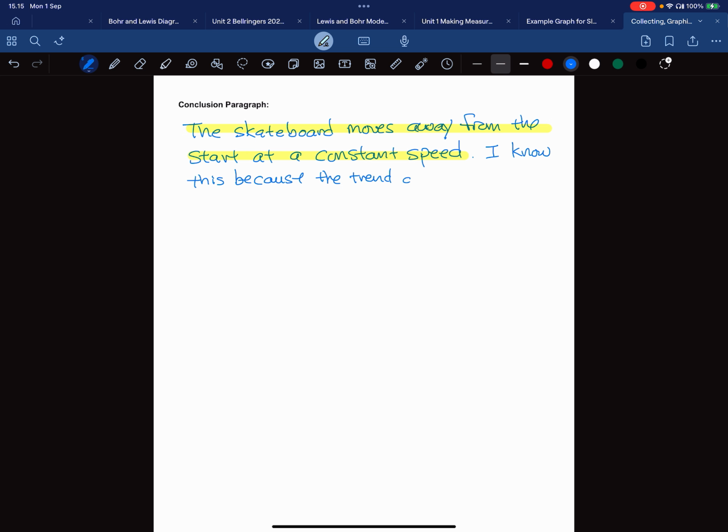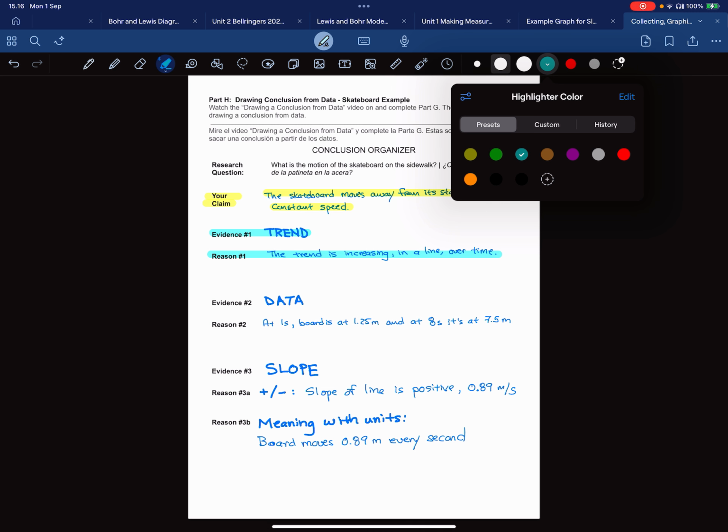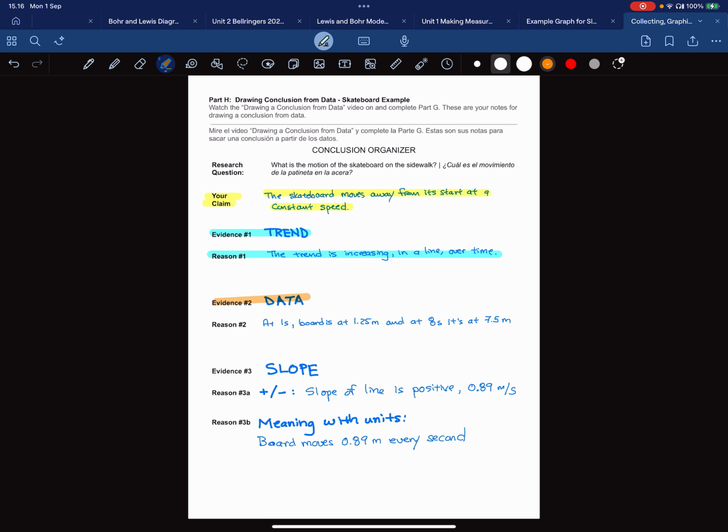The trend of the data is increasing over time in a line. And that is piece of evidence number one. Piece of evidence number two, the data.